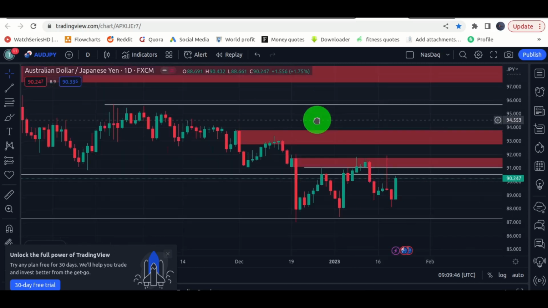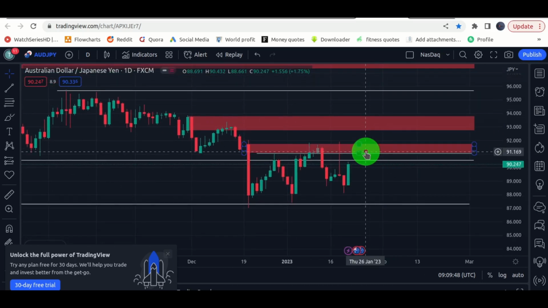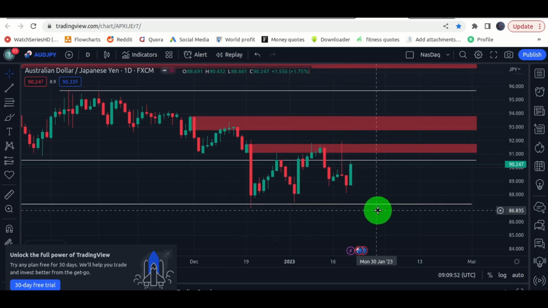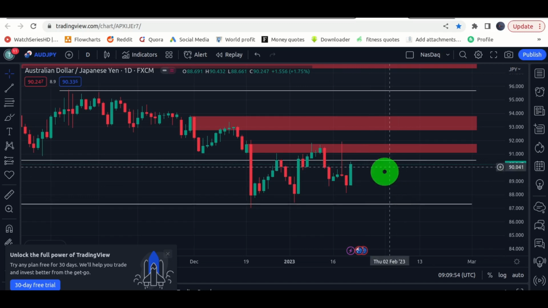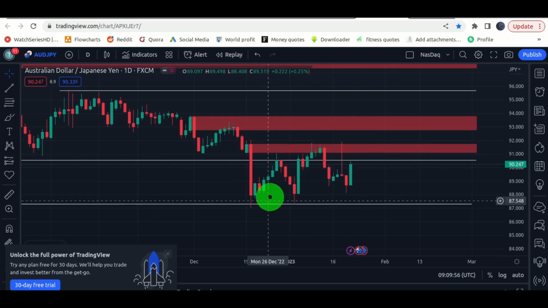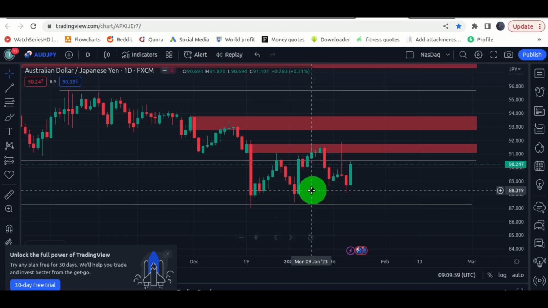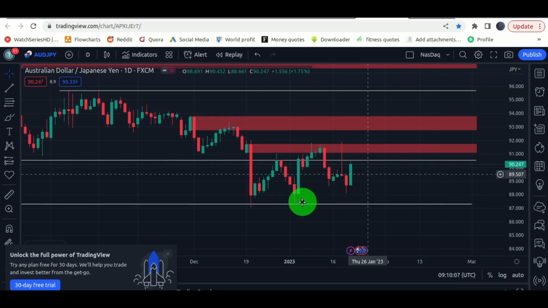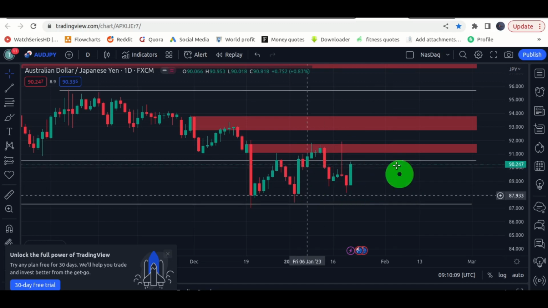AUD JPY. Okay, let me remove this one here. Okay, AUD JPY. I'm thinking of selling it because we had this order block here, which it kind of respected and it played around it for quite some time. So yeah, you can just rewind to the previous video I made of the weekly analysis, guys.